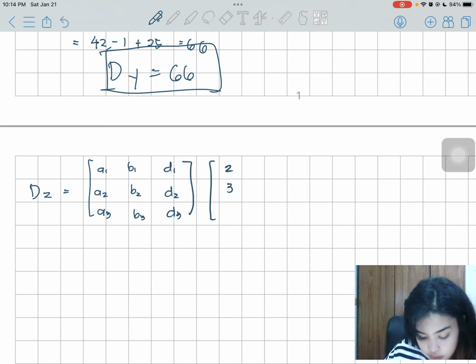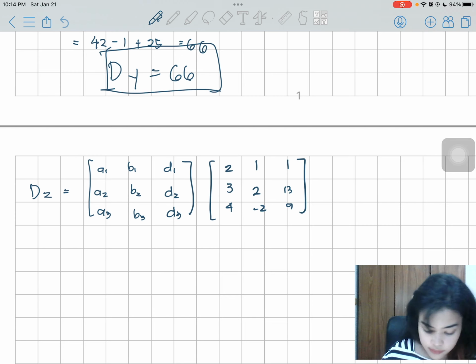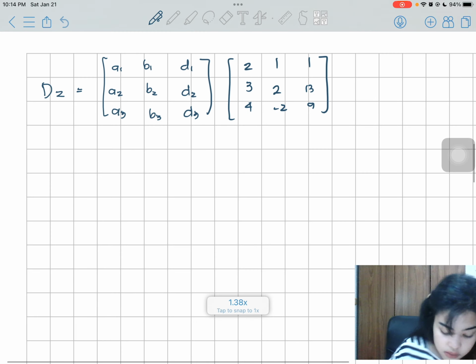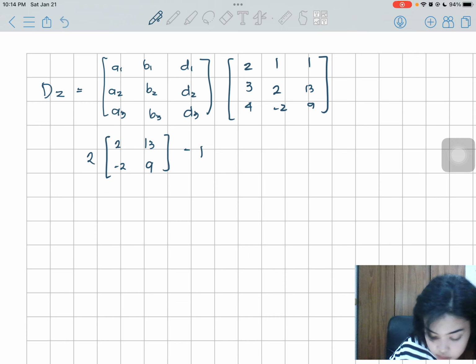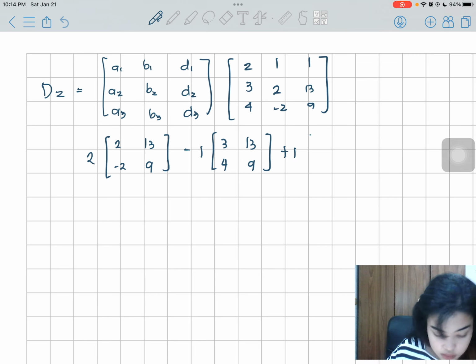That is 2, 3, 4, 1, 2, negative 2, and 1, 13, 9.